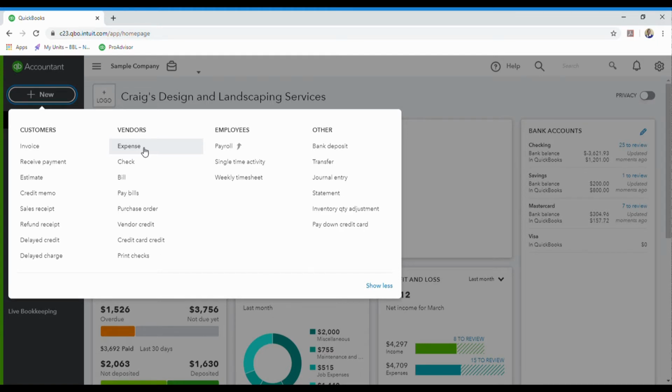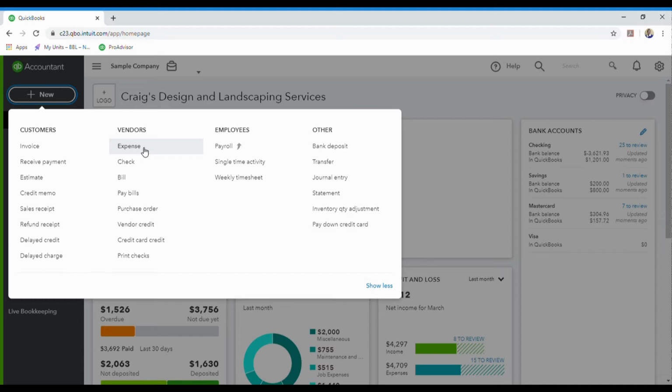The difference between them is that an expense is when you go out there, you purchase something, you pay cash for it, and you get that product. So you pay cash instantly for an expense, and then you record it. Once you go out there and you purchase something and you pay cash instantly, that's an expense.